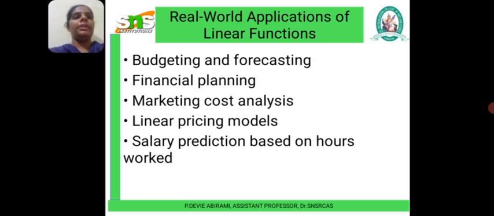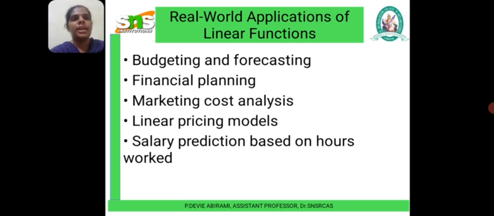Then we can predict it for 2000 also by using a linear function. It can be calculated by using the linear formula: y minus y1 divided by y2 minus y1 should be equal to x minus x1 divided by x2 minus x1. If we use this formula, we can calculate the unknown salary of that particular year.